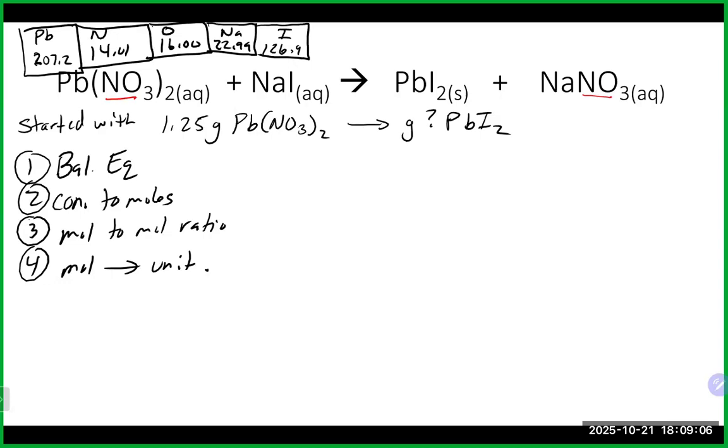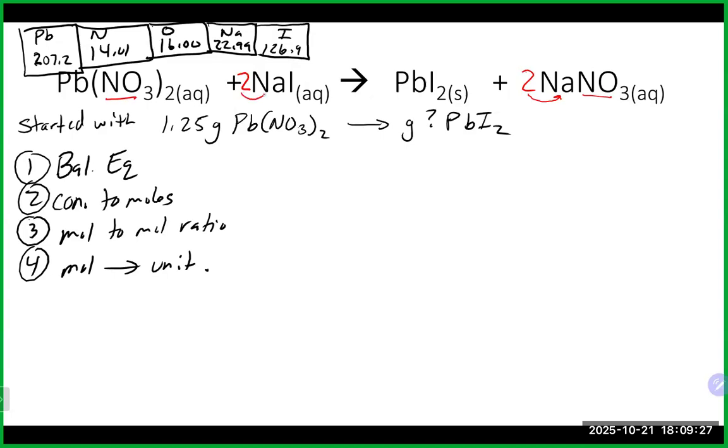I've got 2 nitrates on the left, only 1 on the right. So that tells me I should put a 2 here. Remember, when you do this approach, although that balances the nitrate, you then want to go to whatever that's attached to. In this case, it's attached to sodium, so we then put a 2 over here.